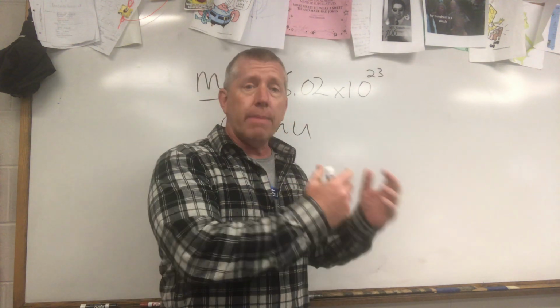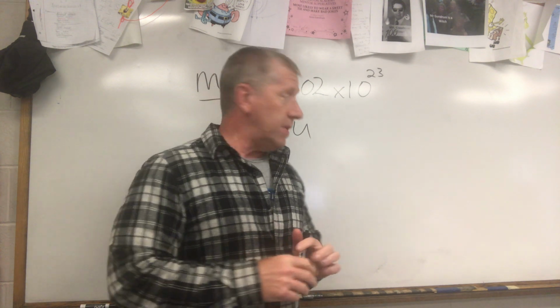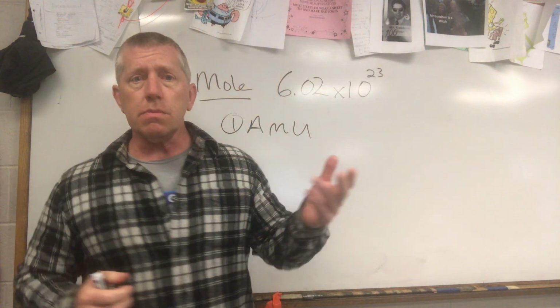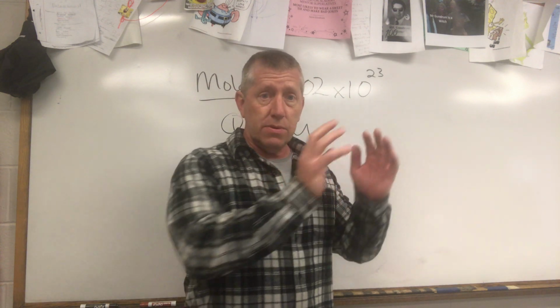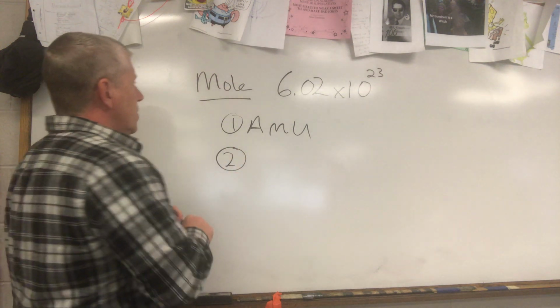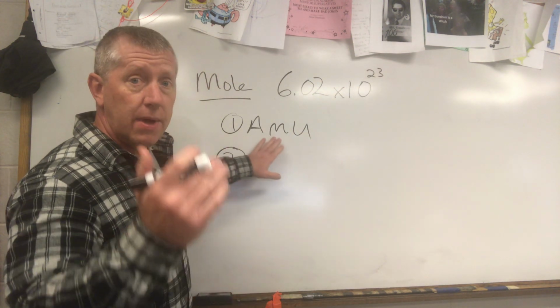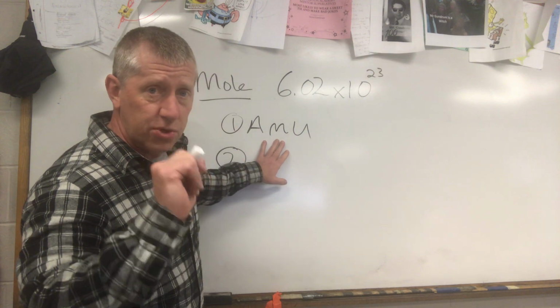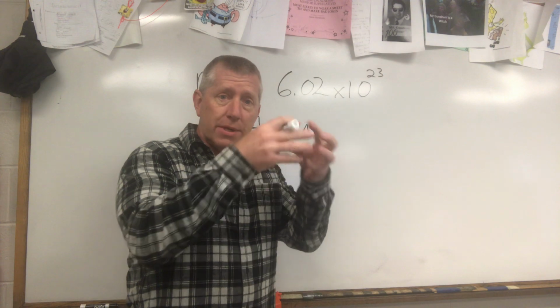The given atomic mass unit for a proton or neutron is 1. The given atomic mass unit for an electron is 0. Remember, it says mass unit, so the electron has no mass. Protons and neutrons get a mass unit of 1. So atomic mass units is the total amount of protons and neutrons. Those are the mass units, and we add those up and get some value for what's called atomic mass.